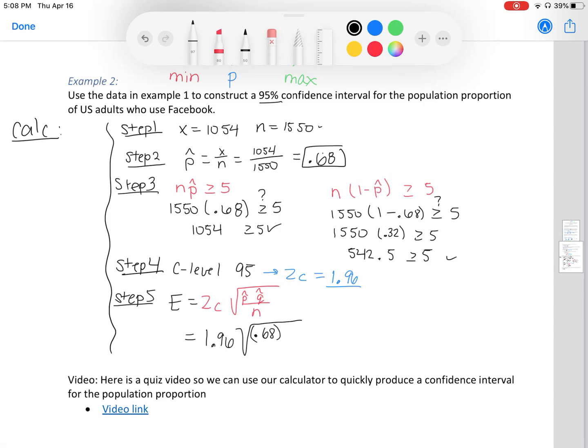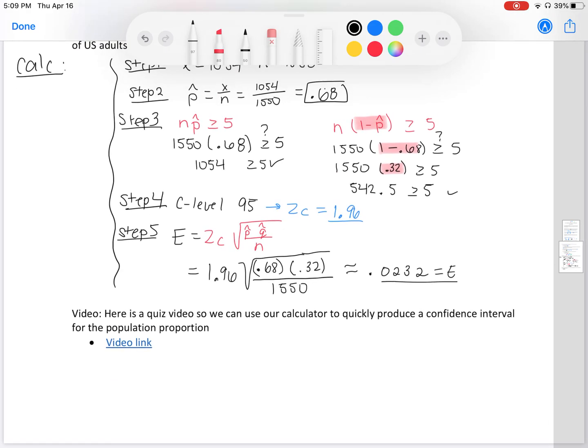Q hat, well, we found q hat right here: 1 minus p hat, and that gave us 0.32. So we multiply by 0.32, all over our n, and our n is 1,550. We work this out in our calculator, and we get about 0.0232. That's our error, our E.